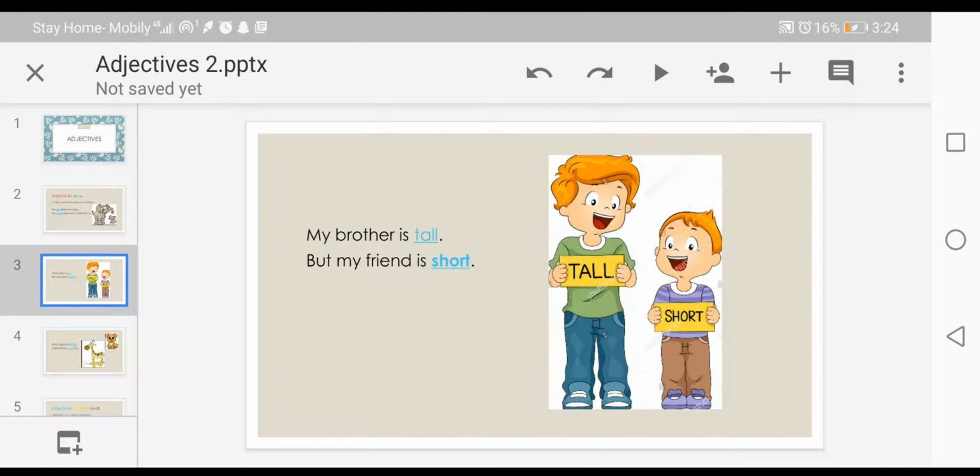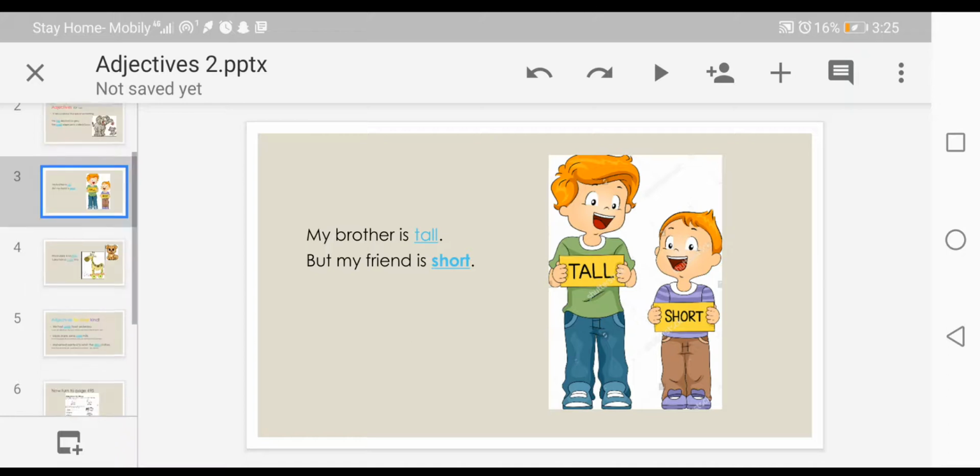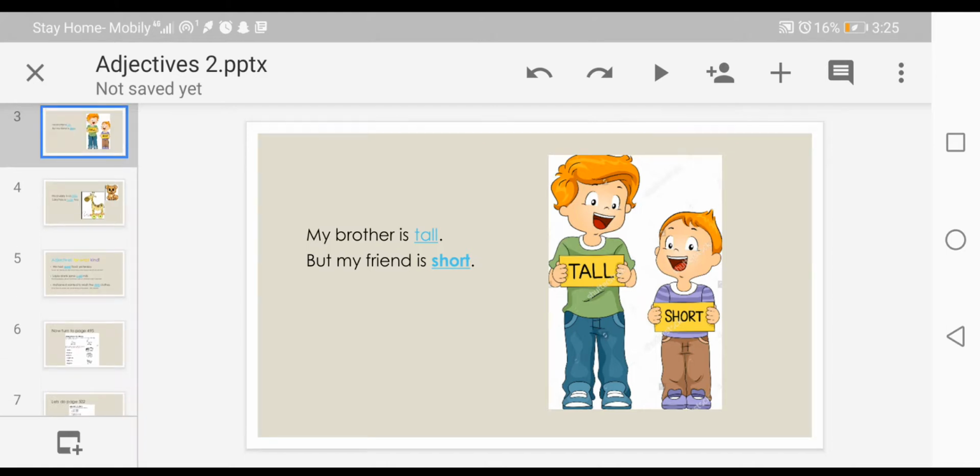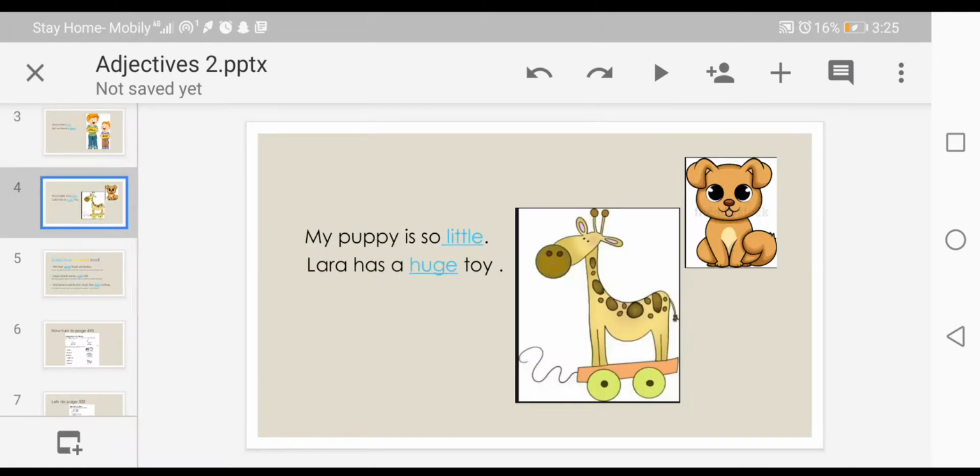When I say my brother is tall, you can understand who is my brother out of these two. And when I say, but my friend is short, you know that the short boy is my friend and the tall one is my brother. So, can you see how important it is to use adjectives?